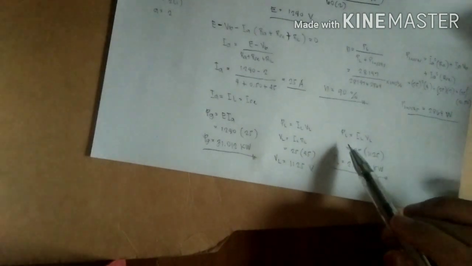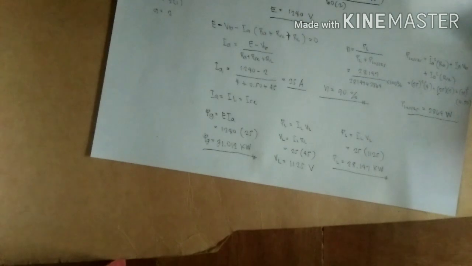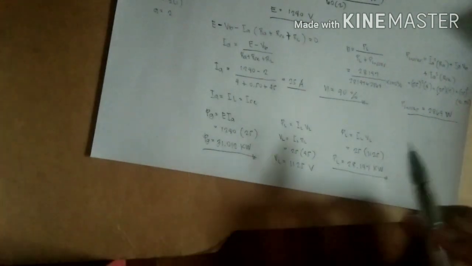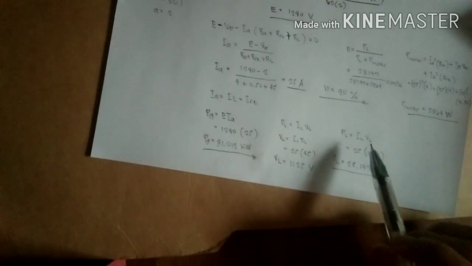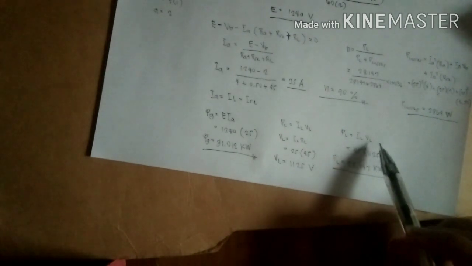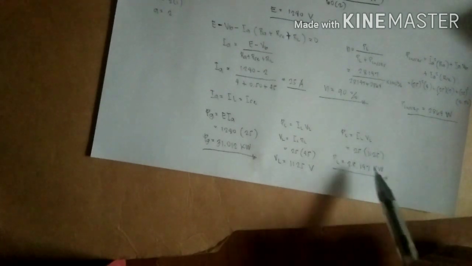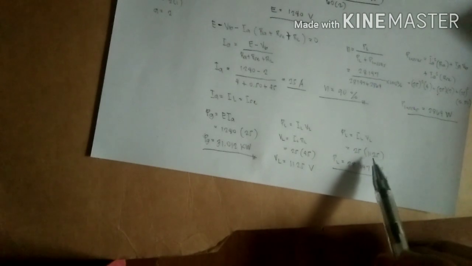After we got the value of our VL, or the load voltage, we go back to the proper formula for getting the power delivered. Power delivered is equal to load current times terminal voltage, or load voltage. So 25 times 1,125.